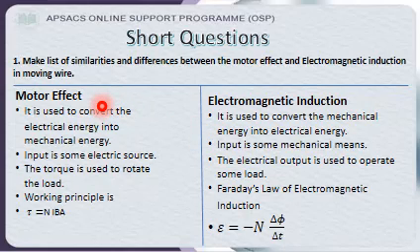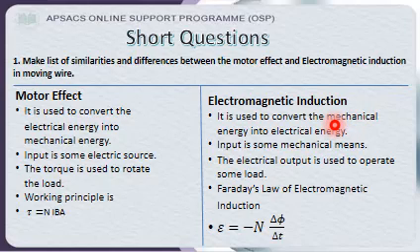What is the working principle of the motor effect? Because the wire is moving, the working principle is torque, that is N I B A cos alpha. Whereas for the AC generator, it follows electromagnetic induction by Faraday's law.